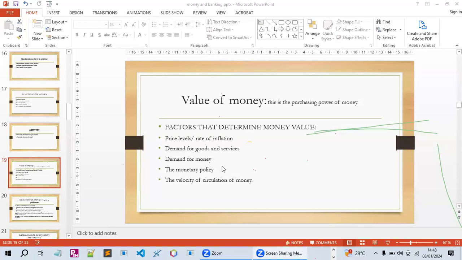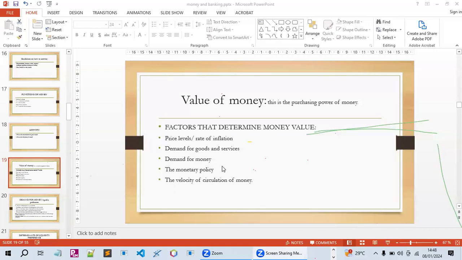Then for monetary policy, we shall look at monetary policy as a subtopic of its own. But monetary policy is a deliberate attempt by the government through the central bank to regulate the amount of money in circulation so as to attain the desired development goals.